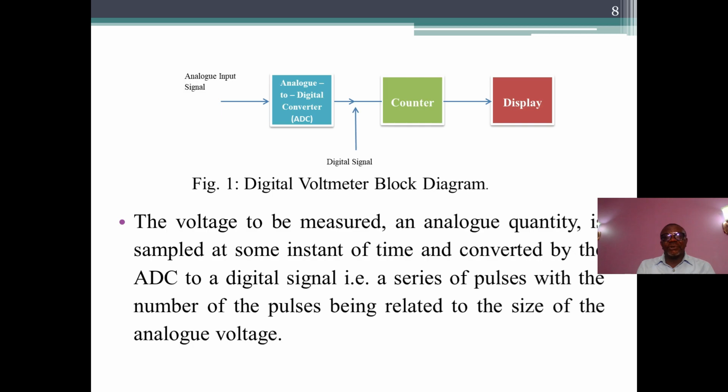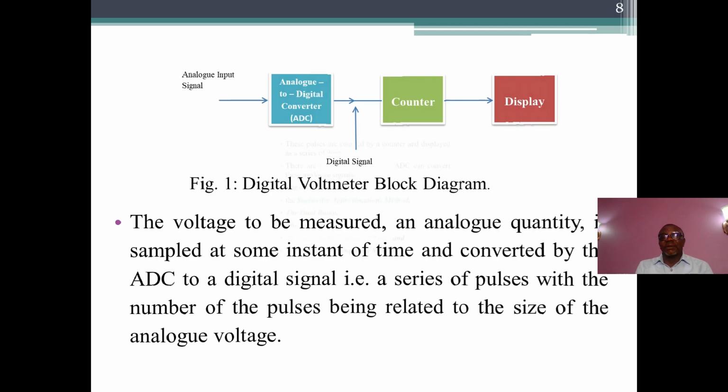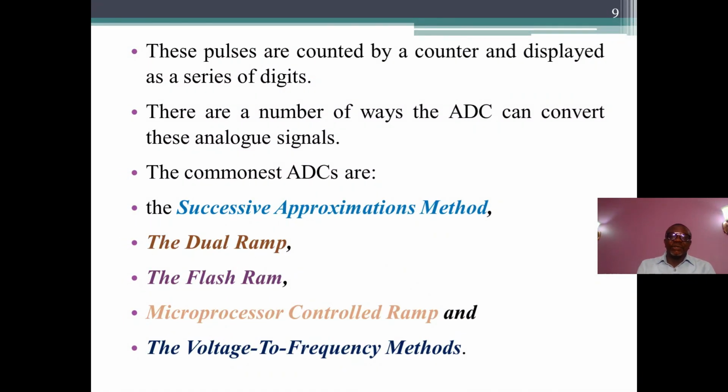That will give you an idea of what is happening in the first block called the analog to digital converter. If you subscribe to my channel, you will be notified when we look at the internal circuitry of the counter, because the display could be just any form of readout, any graphical user interface. Now, these pulses are counted by a counter and displayed as a series of digits.